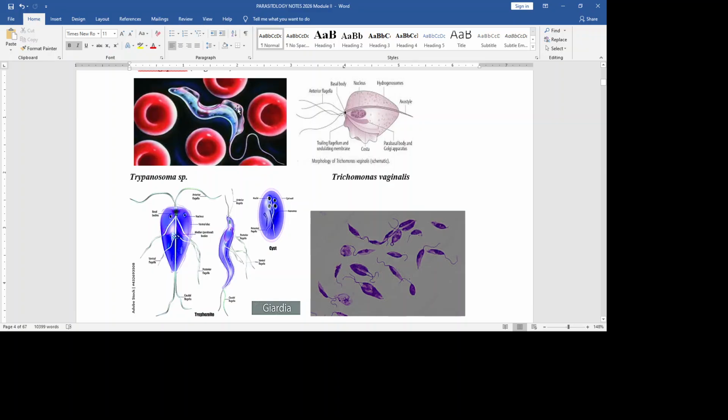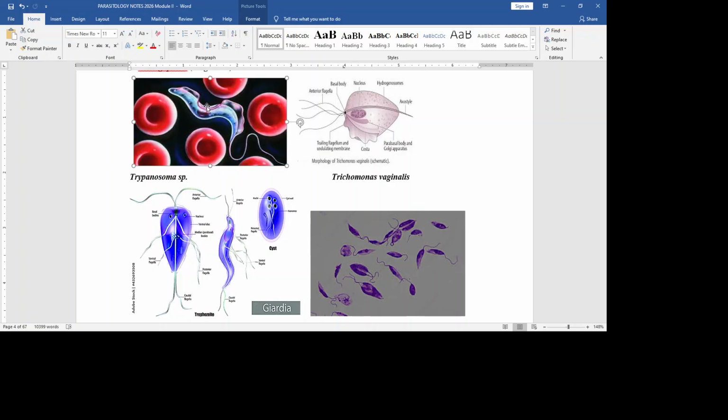That flap you are seeing is the undulating membrane, and this is supposed to assist the trypanosoma in movement within the fluid. Remember, this is blood, and these are red blood cells, while the trypanosoma is moving through the plasma or blood fluid.